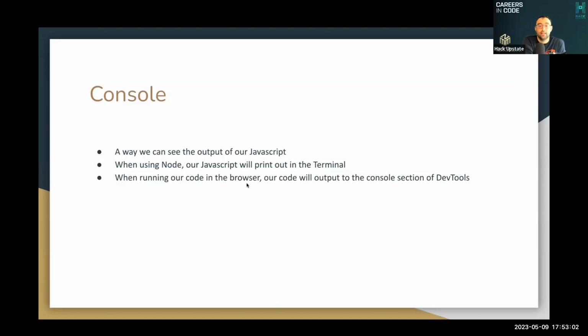From there, we went into the console, right? And we saw that, hey, our programs can't really do anything for us until we can see the output. And so by doing console.log, we are able to see the output of the computer as it's running the code.